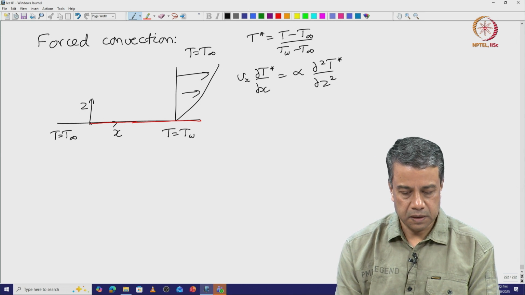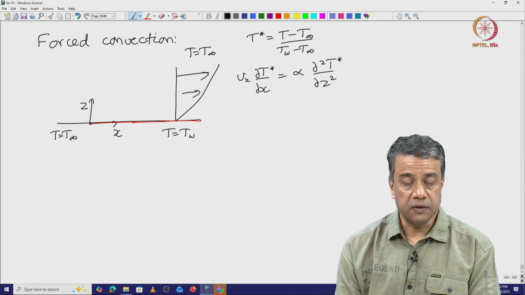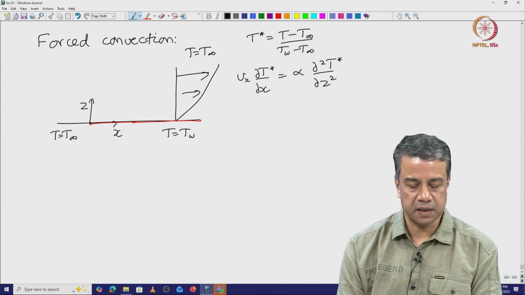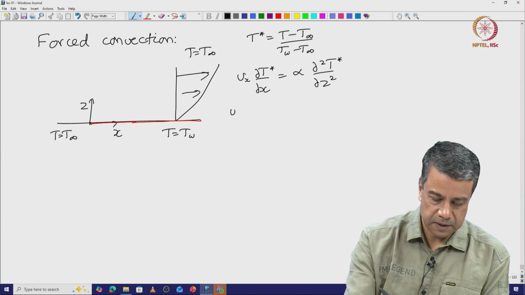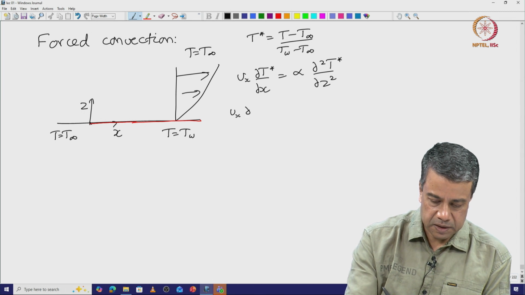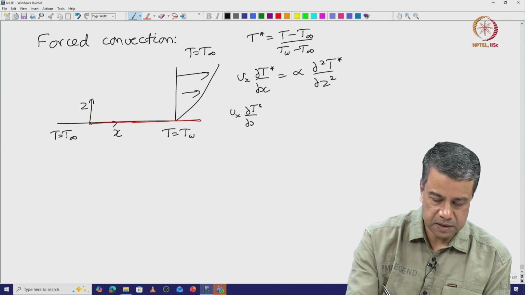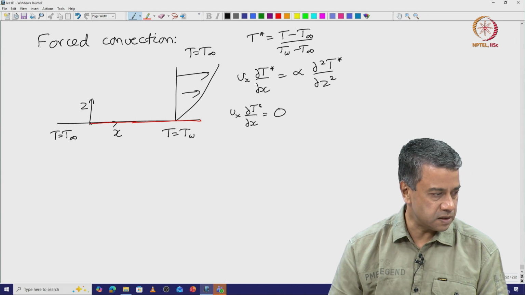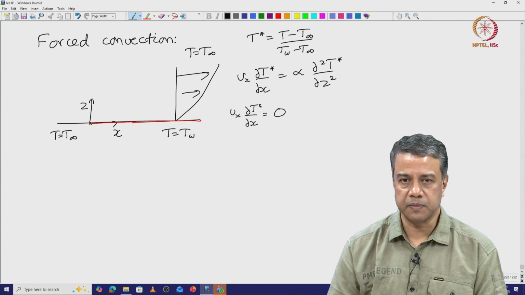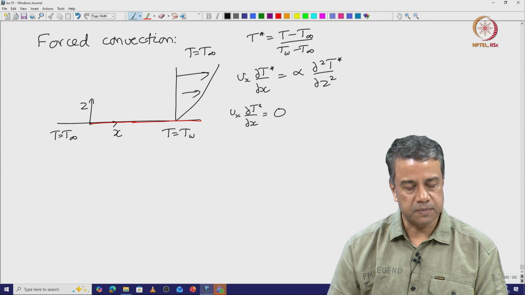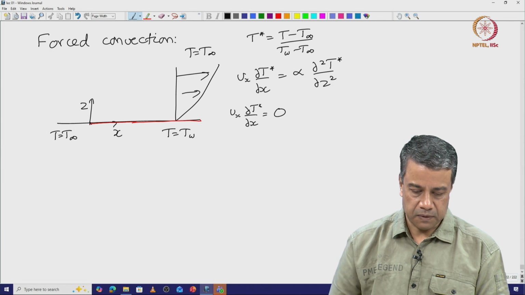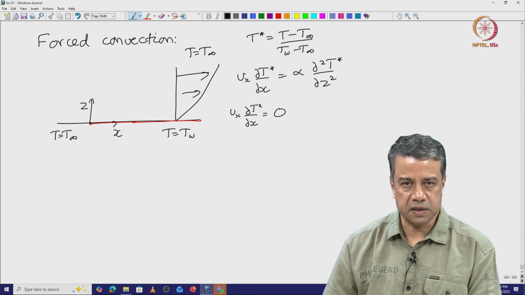If we neglect diffusion in comparison to convection, then we just get that Vx partial T star by partial x is equal to 0. That means that the temperature is a constant throughout the domain. And for that, we cannot satisfy the boundary condition at the surface.